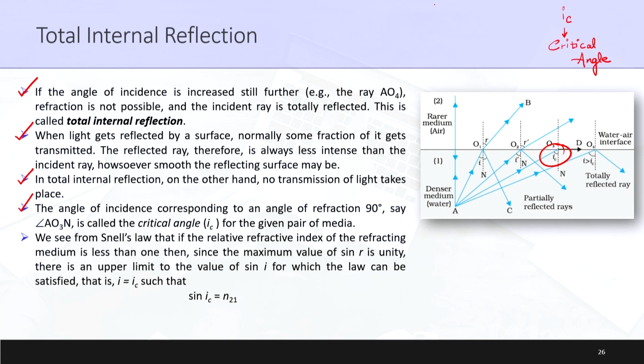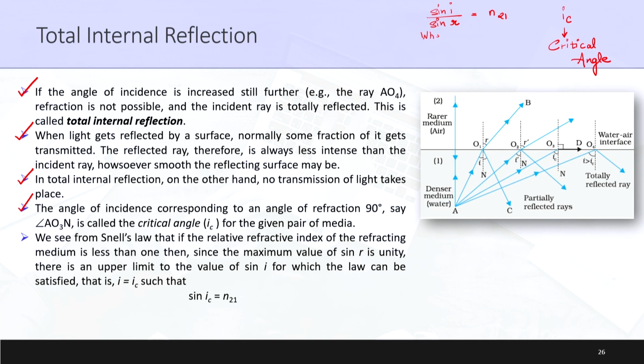We know that Snell's law of refraction says sin i by sin r is equal to n21. Now, in this scenario also, the maximum value of sin r which can be obtained is unity. When will it obtain the value of unity? When r is equal to 90 degrees. So, let me just write that also.